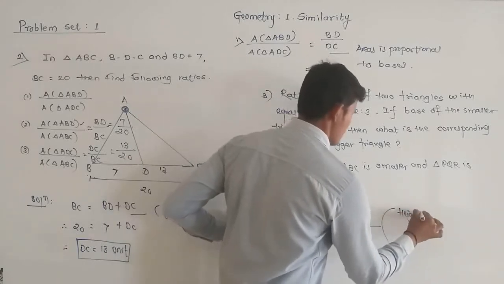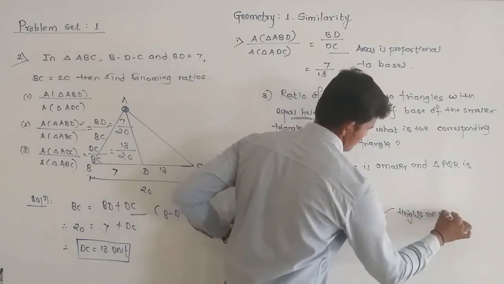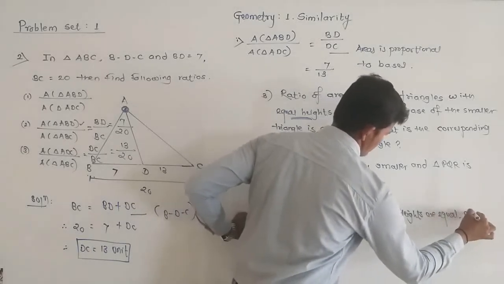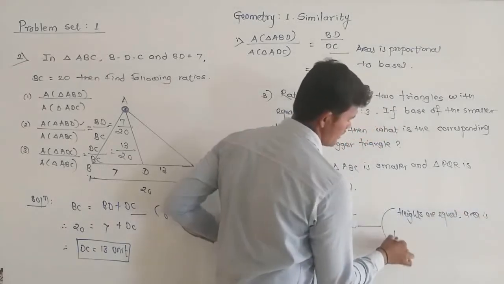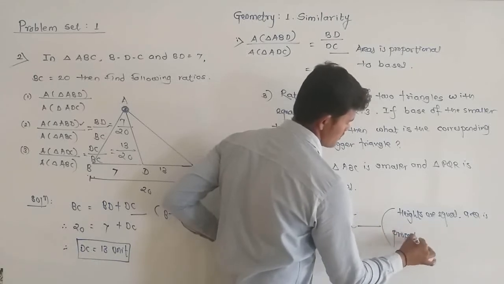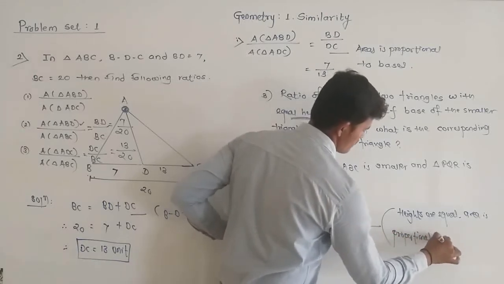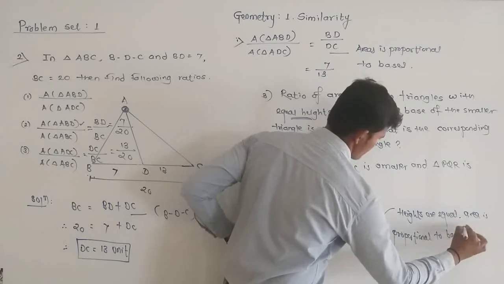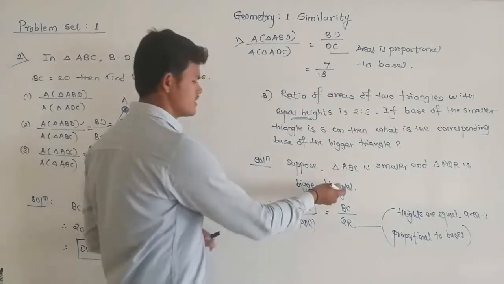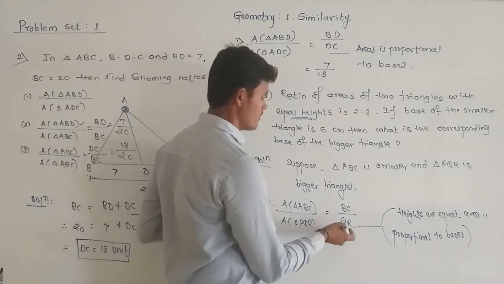Heights are equal, then area is proportional to corresponding bases. So the base of triangle ABC is BC, and for triangle PQR is QR.